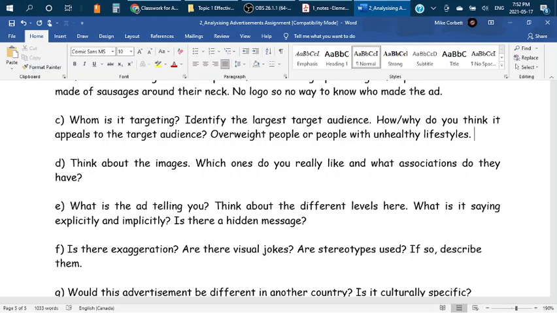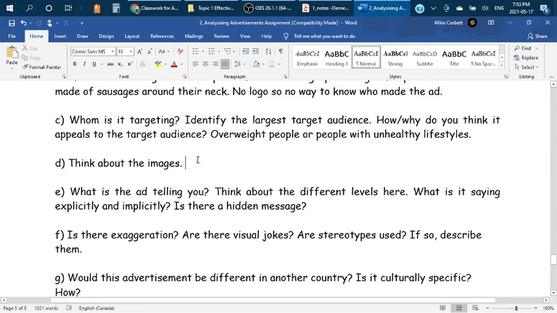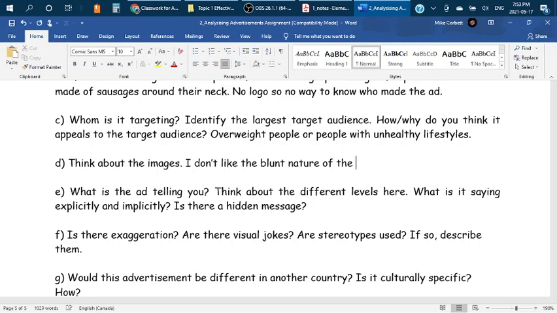That's who they're trying to more or less get in touch with here. This image here, I'm not a fan of this image, so I don't like the blunt nature of the picture.